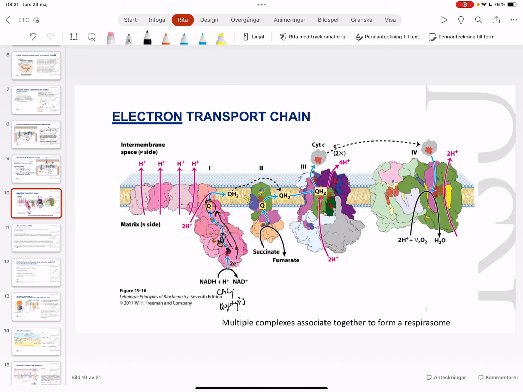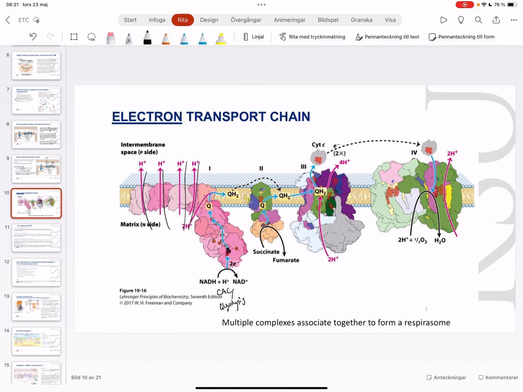This release of energy will cause this part of the complex to change its conformation and actually be able to transport hydrogens to the outside, to the intermembrane space. So just the fact that electrons are flowing from complex 1 to 4, they will release energy and hydrogen can be pumped out.